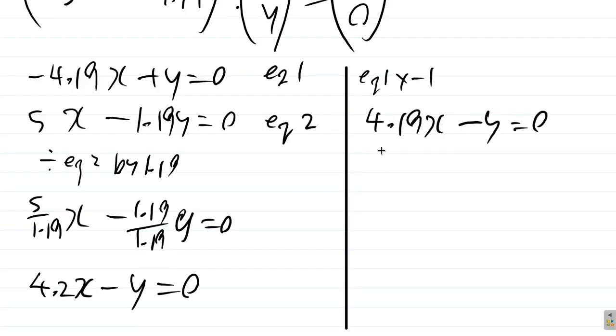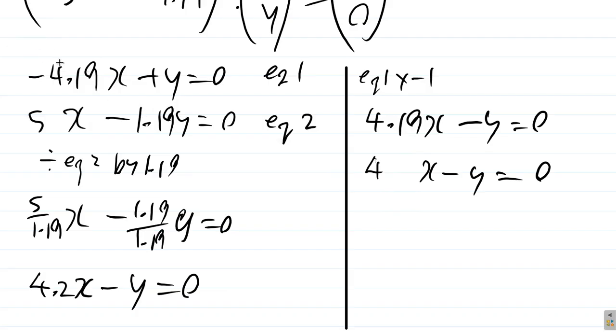Equation 2 gives 4.2x minus y equals 0. It's just about 4.19, because we're rounding off.